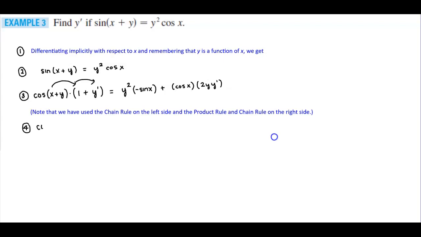So we end up getting the cosine of x plus y plus y prime times the cosine of x plus y, and that's equal to the negative y squared times the sine of x plus we have 2y y prime times the cosine of x.